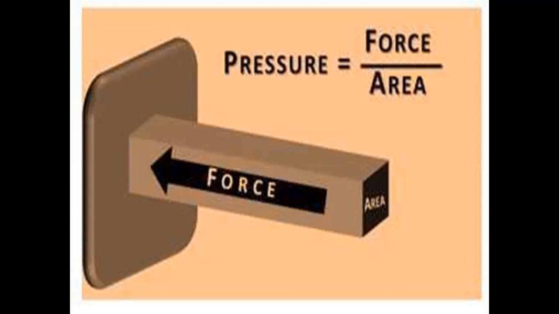So what am I doing? I'm applying force on a particular area. That is nothing but what is called pressure. So what is pressure? The force acting on a unit area of a surface is called pressure. And we denote pressure as equal to force upon area.